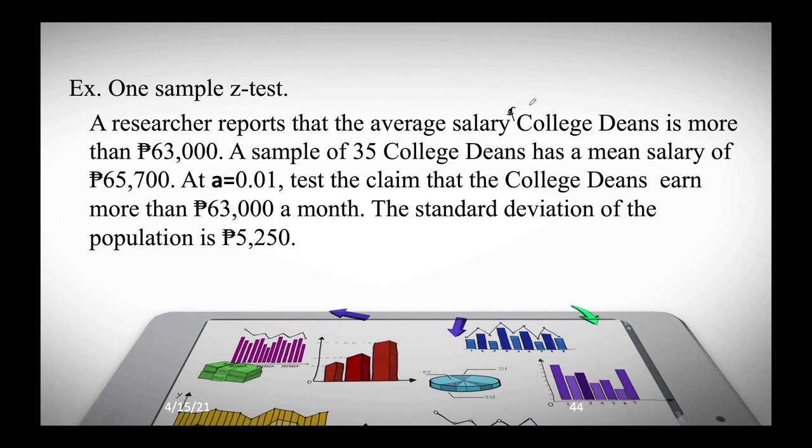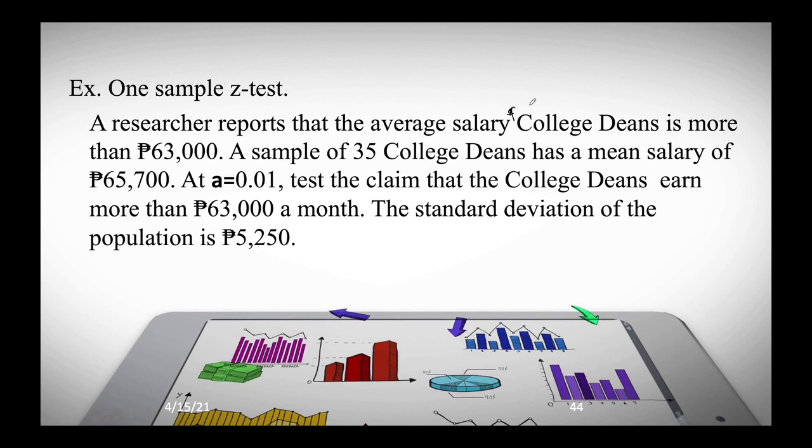A sample of 35 college deans has a mean salary of 65,700 at alpha level 0.01. Test the claim that the college deans earn more than 63,000 a month.